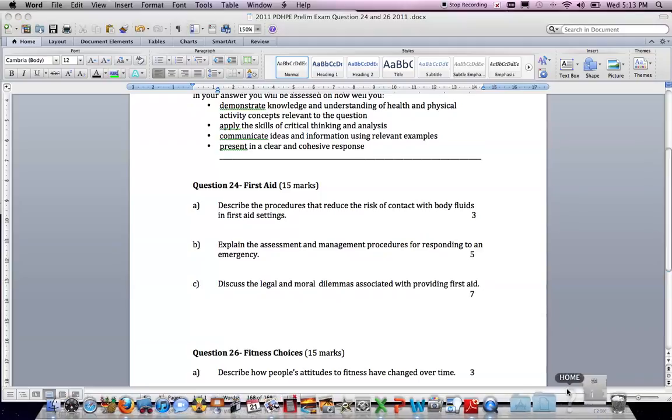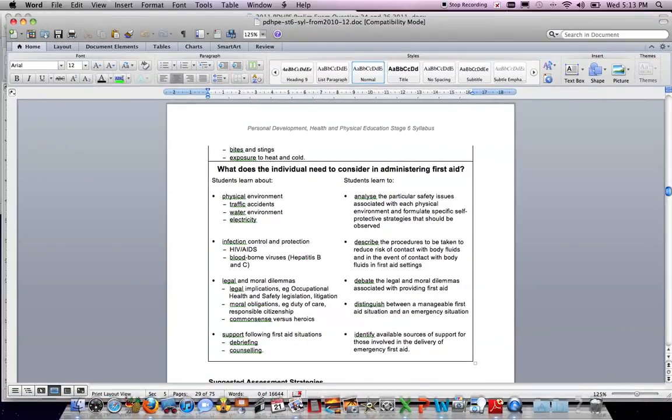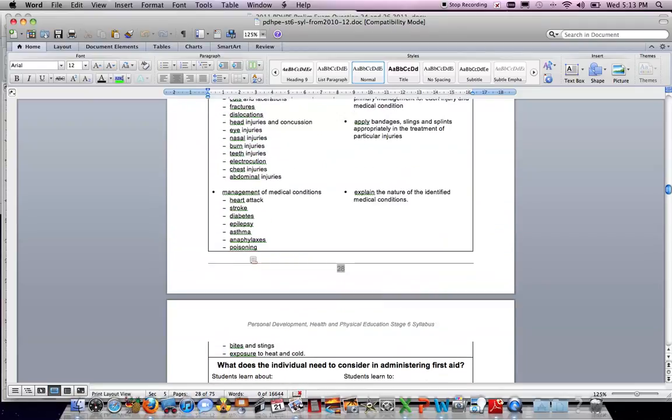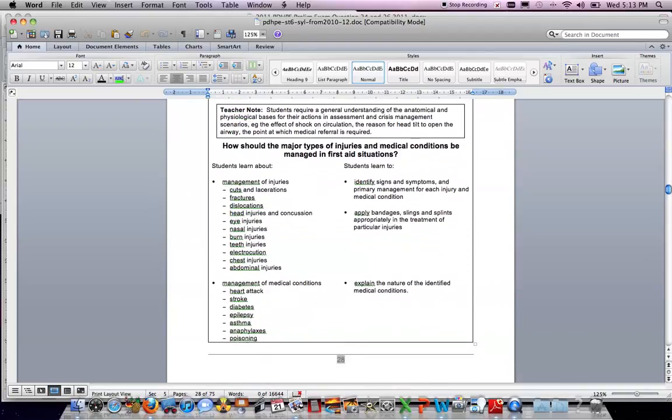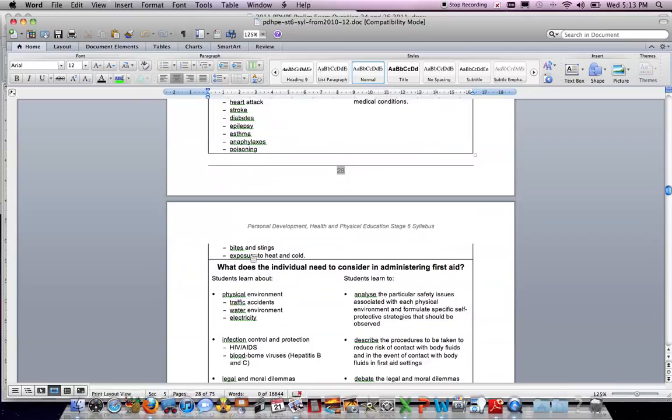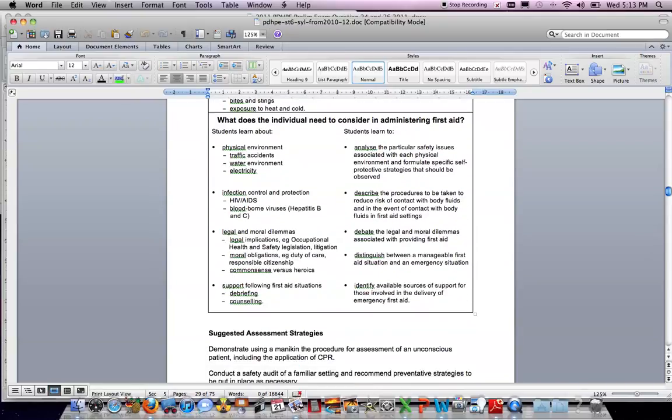If we have a look at the syllabus, the section here, infection control, protection, HIV/AIDS, blood-borne viruses: describe the procedures taken to reduce the risk of contact with body fluids in first aid settings. So that's the dot point that it comes from.